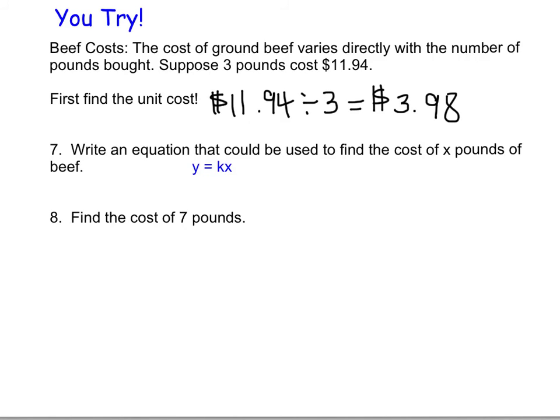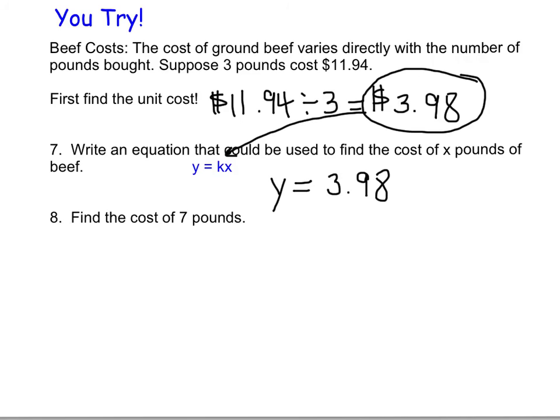Now that we have our unit cost, we're going to go ahead and write our equation. Remember, the equation needs to be in the form y equals kx, where the unit cost, $3.98, that's what k is. So y represents the total cost. So we have y equals, then we put in our unit cost, $3.98, and then we have x, and x represents the pounds of beef.